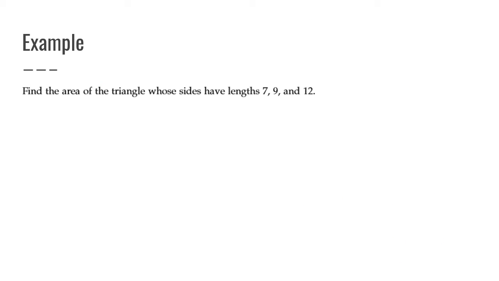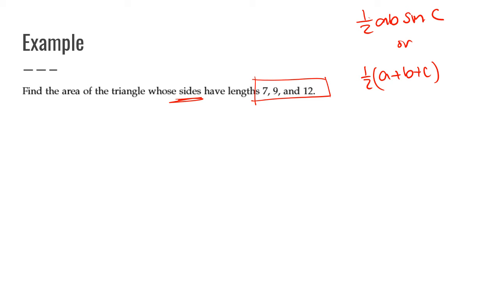All right, let's do another problem right here. Again, let's refresh our memory. The two equations are 1/2 AB sine of angle C, or 1/2 times (A plus B plus C) in parentheses. Let's take a look at our example here. The question says, find the area of a triangle whose sides have lengths 7, 9, and 12.